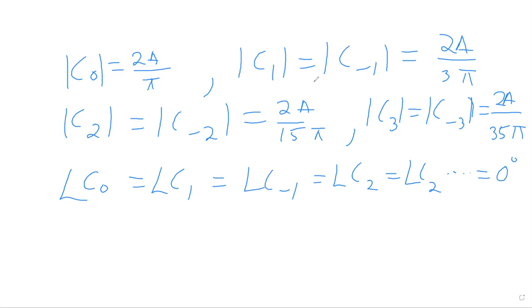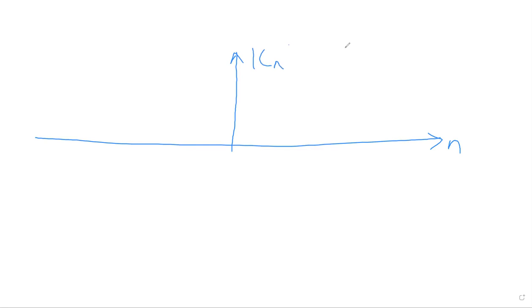So from this we can plot the magnitude and phase plot. First, you draw the magnitude by writing n on the x-axis and mod of Cn on the y-axis. At 0 the value of mod Cn is 2a by pi, so you write 2a by pi at the top.